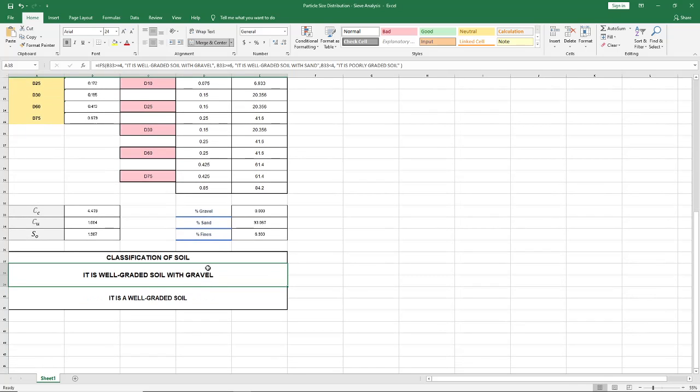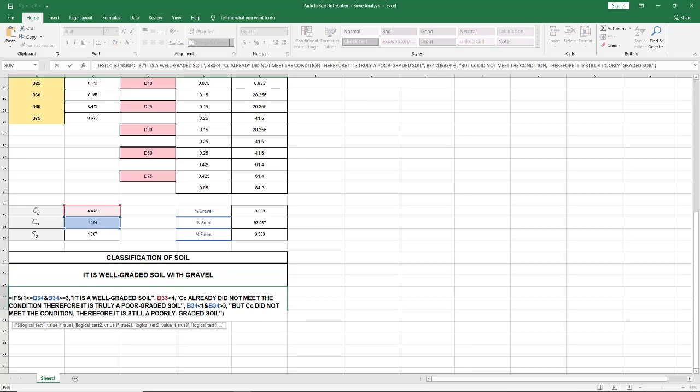After determining the CC, if it is right, then we need to move on to CU, because these two are the basis on how the soil will be well graded. If one is about to fail, then it is already a poorly graded soil.